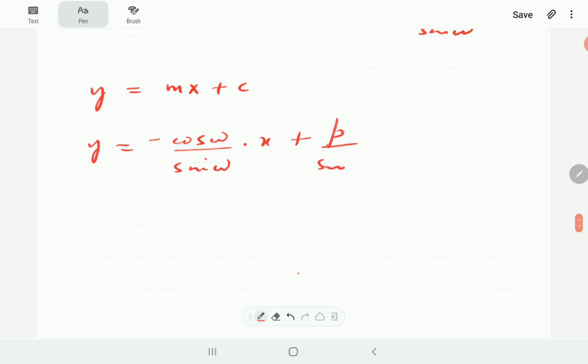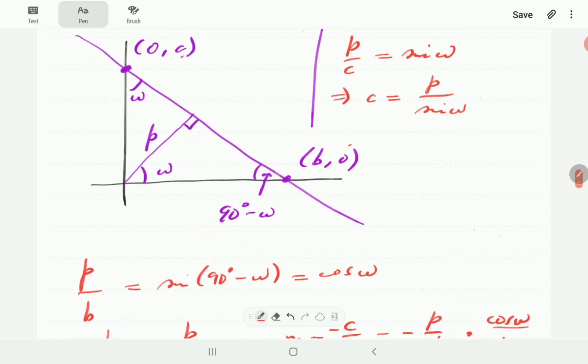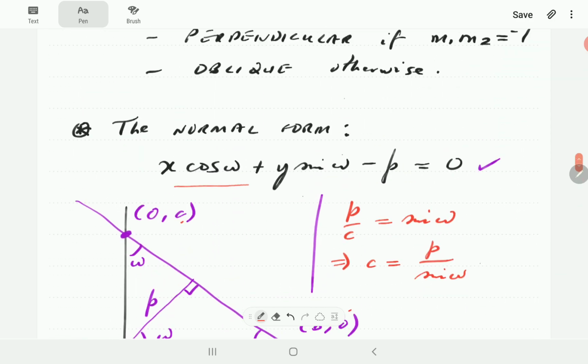Then if we multiply everything by sine omega, we have y sine omega is negative x cos omega plus p. Then if we bring everything to one side, we have x cosine omega plus y sine omega minus p equals 0, which is the equation we started with.